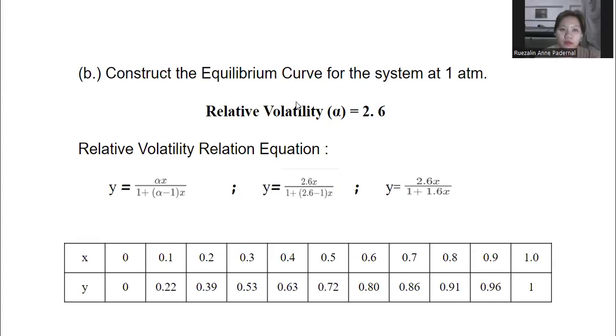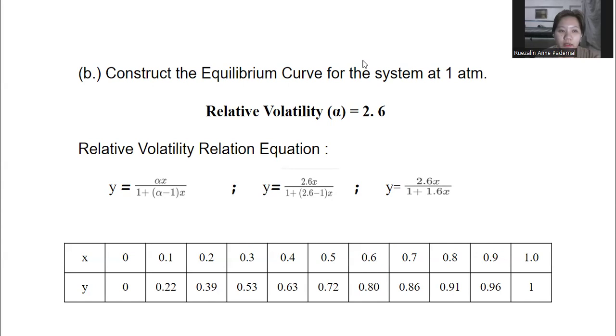So for letter B, we are required to construct the equilibrium curve for the system at 1 atm. From this problem, we were given a relative volatility, alpha, equal to 2.6. With this info, we also know the relative volatility relation, y is equal to alpha times x over 1 plus the quantity alpha minus 1 times x.